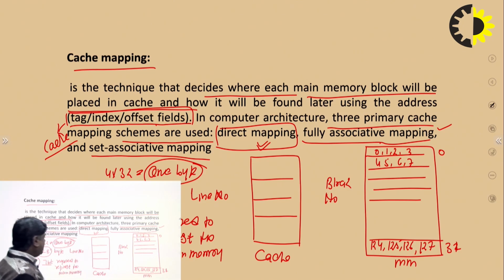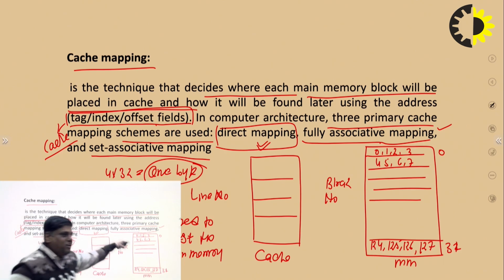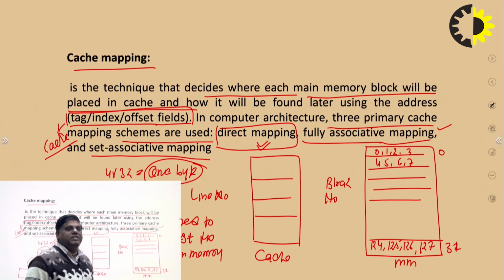Then, what is the number of the block? The format of the main memory is known as the block offset and block number. So, how many block numbers are available in the main memory? That is 32.